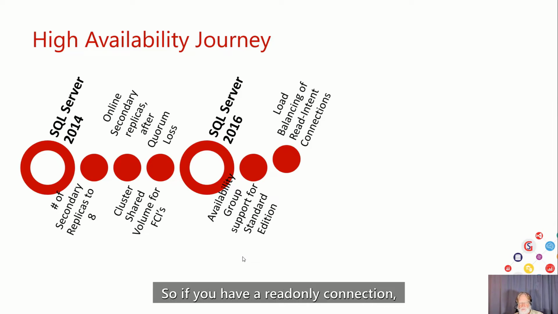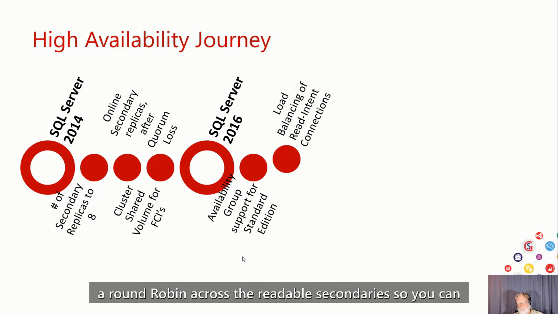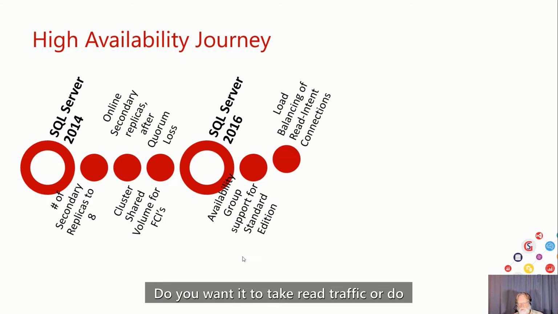So if you have a read-only connection, we'll route that to one of the secondaries. Previously, it was somewhat random. With 2016, we give you the ability to do a round robin across the readable secondaries. You can specify for each secondary, if it's in the secondary role, do you want it to take read traffic, or do you want it to not be taking any traffic at all?